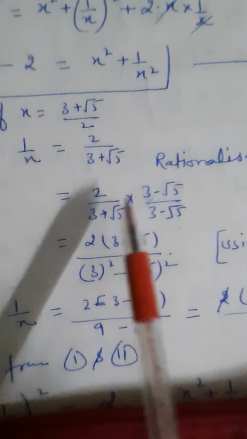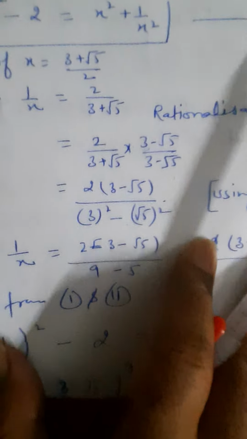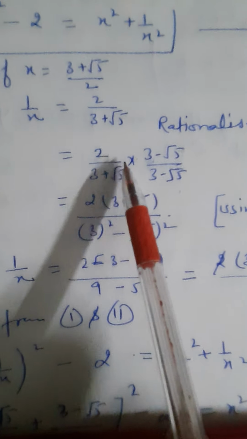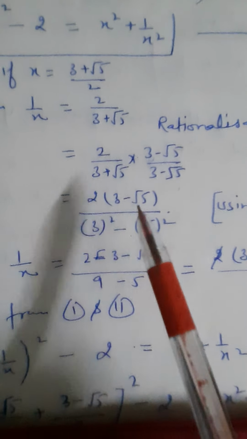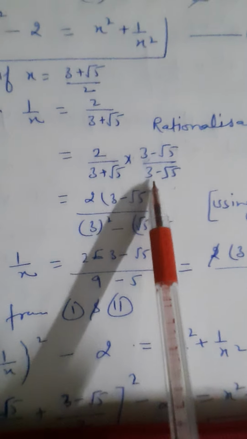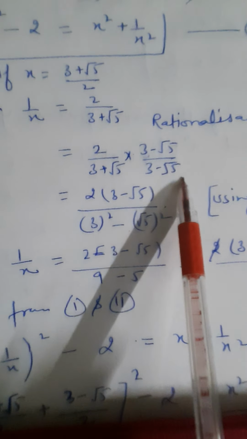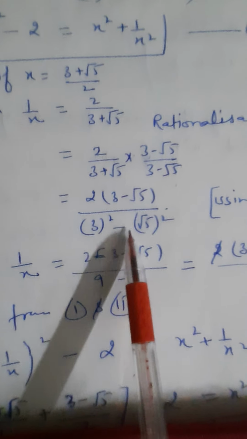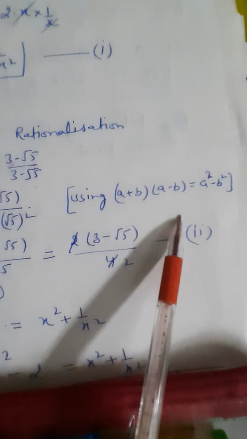Now just multiply numerator with numerator, denominator with denominator. So 2 will be multiplied by this, so 2 into the bracket as it is I have written, and in the denominator just see बच्चे, a plus b, a minus b. When we multiply a plus b, a minus b, it is reduced to a square minus b square by using this identity.